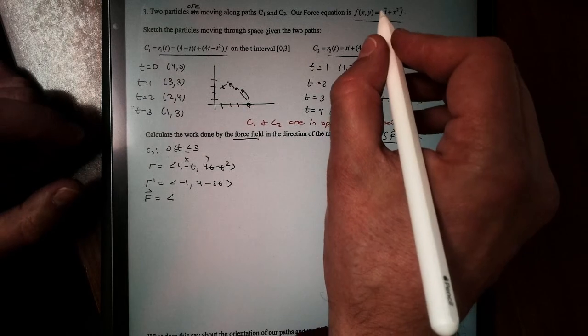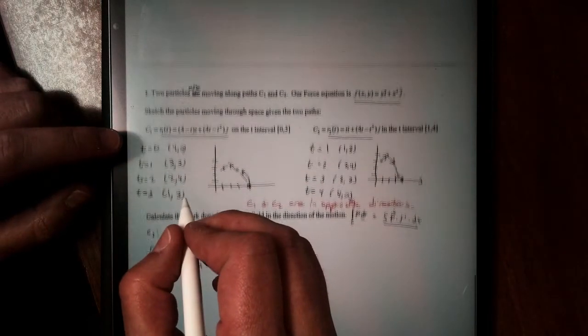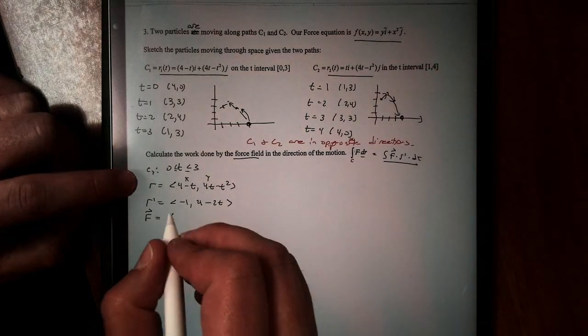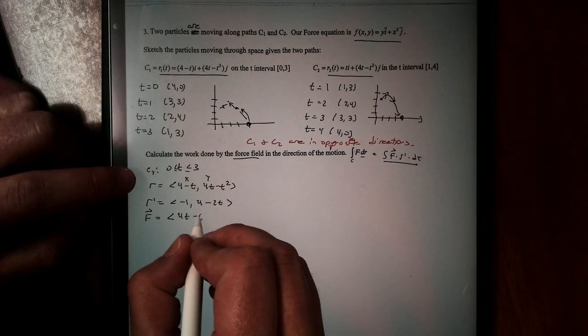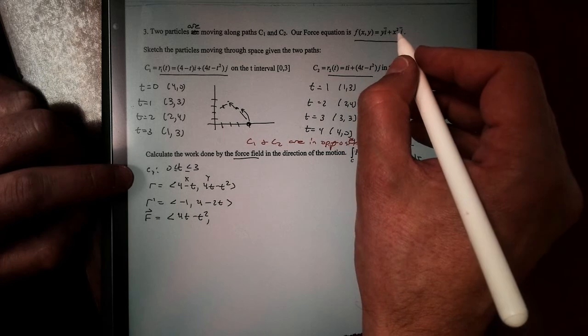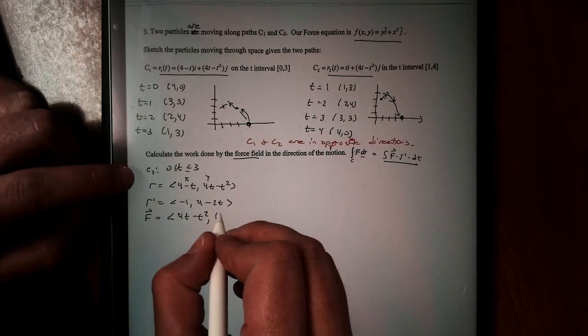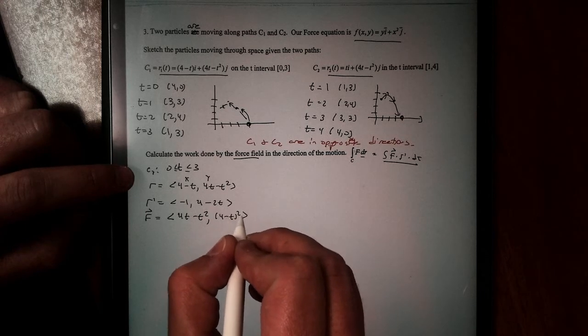So this is telling me to go y, which for us is going to be 4t minus t squared. And over here is plus x squared. And x squared is going to be this, 4 minus t squared.